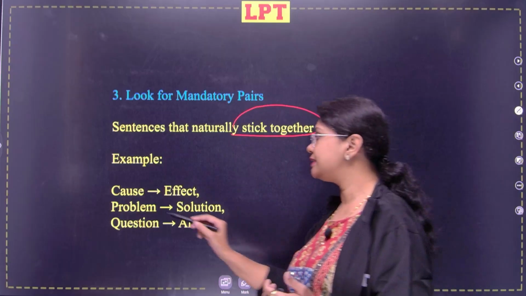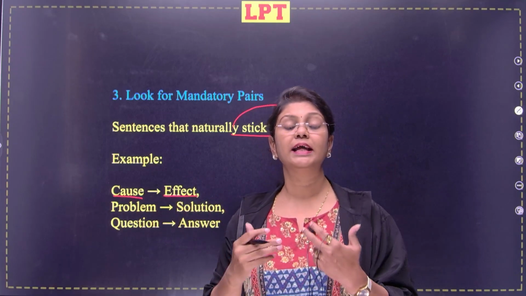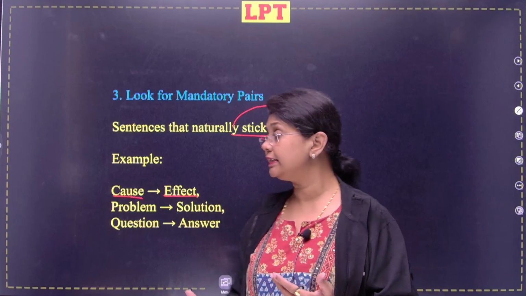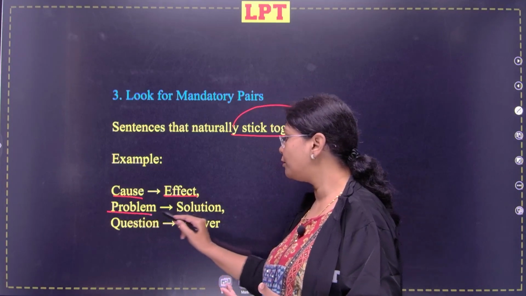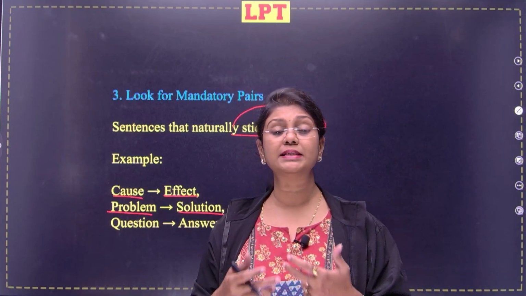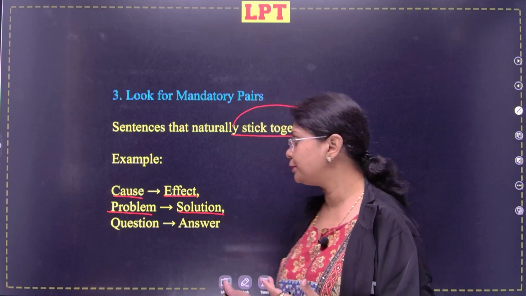For example, there is a sentence that gives you a cause and a sentence that gives you an effect. It's very normal to understand that the cause will precede the effect. Similarly, let's say a problem and solution are mentioned. A sentence that gives you a problem and a sentence that gives you a solution to that problem, of course, forms a mandatory pair.